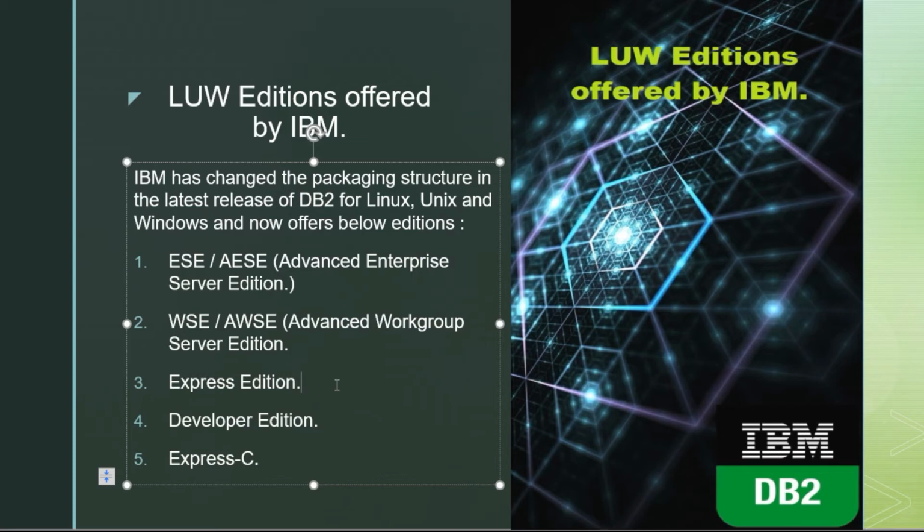Express Edition is designed for entry level and mid-size business organizations. It is a full-featured DB2 data server and it offers only limited features like web service federation, backup compression, DB2 homogeneous federation, homogeneous SQL replication, etc.